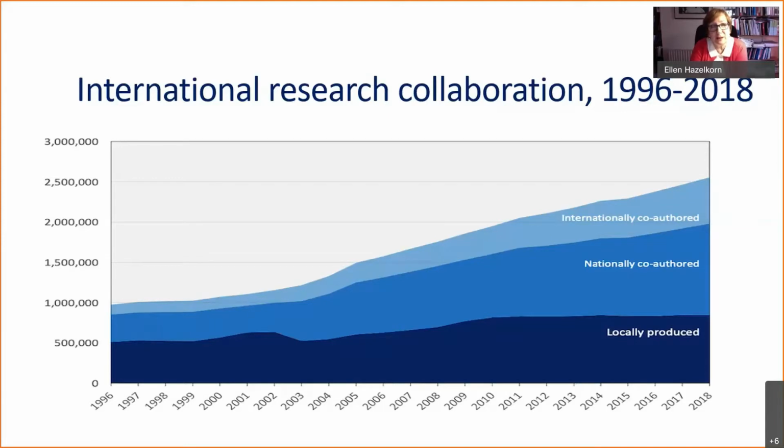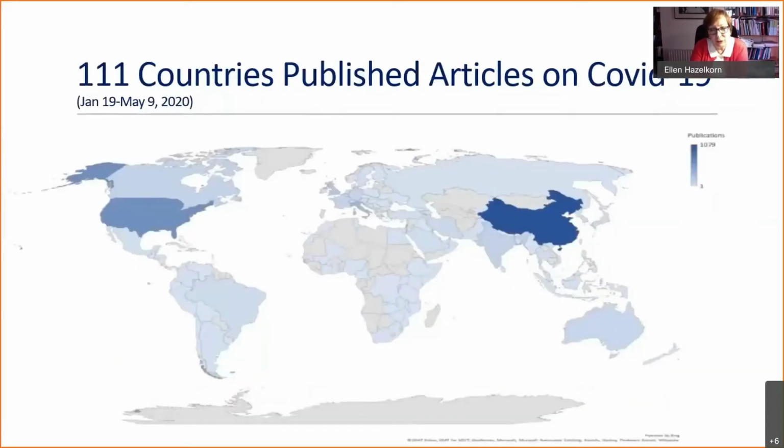Right, moving on. And this is quite an interesting map of 101 countries that have published articles on COVID between January and May, clearly dominated by the US and China, which is interesting despite all the rhetoric that you get at high political levels. The level of collaboration is very high.